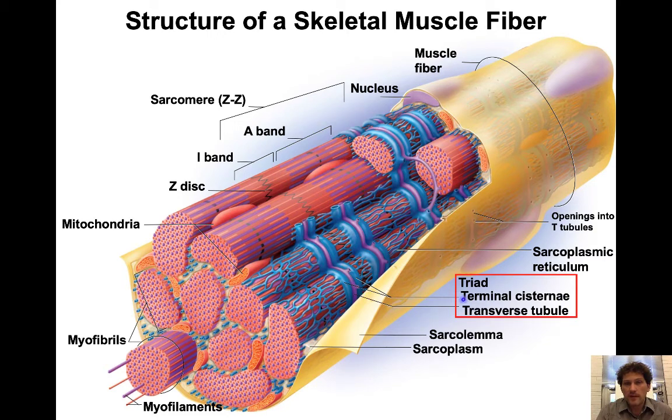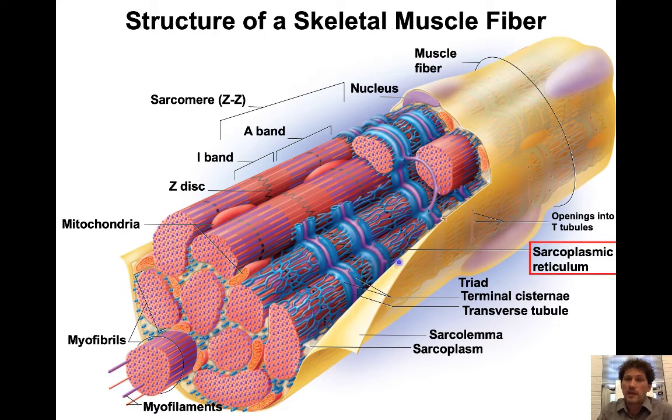And we've got our terminal cisternae, which are part of the sarcoplasmic reticulum. We're going to learn more about how all of this plays a role in firing these muscles. So there's what we call a triad. This triad is made up of two terminal cisternae and the T-tubule infolding down into the cell.